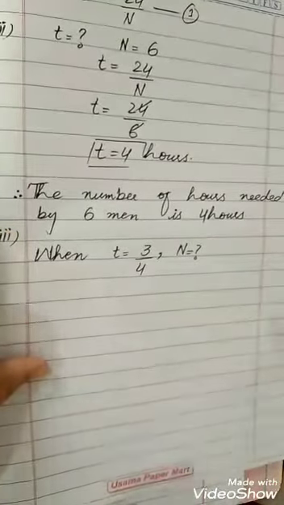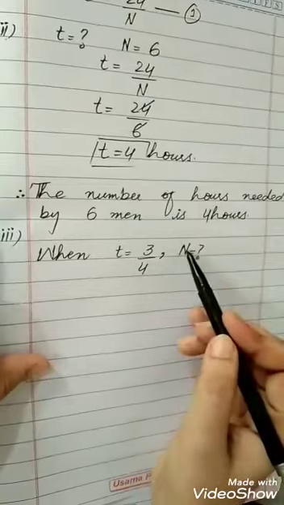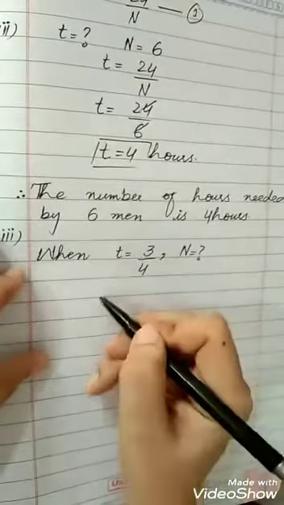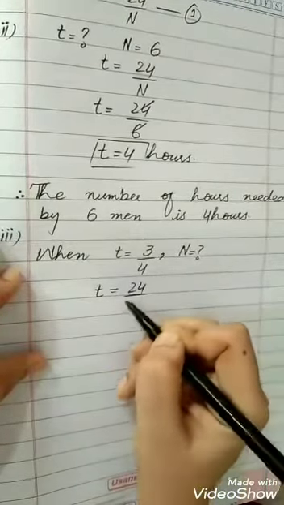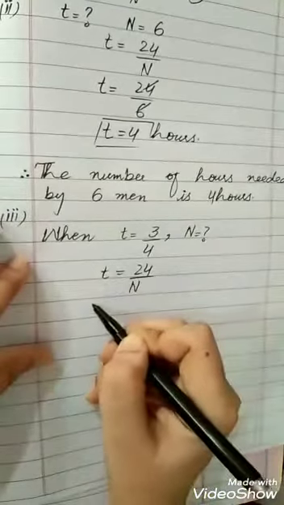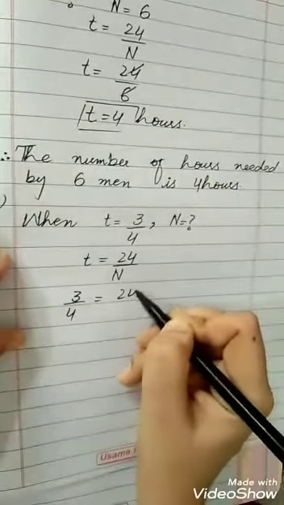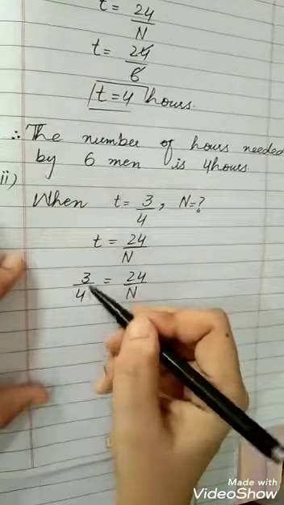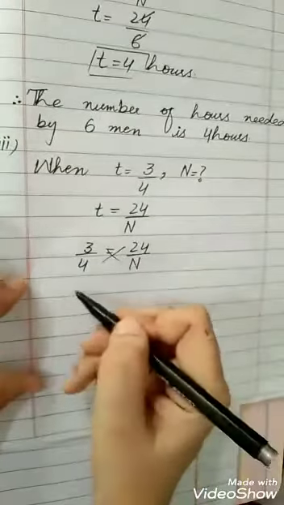Now students, in part 3, when t is equal to 3 by 4 hours, n we have to find, the number of men we have to find. By placing the values in the same equation, t is equal to 24 by n, 3 by 4 is equal to 24 by n. We want to find the value of n. These both are fractions and equality sign is between them, so we will cross multiply them.